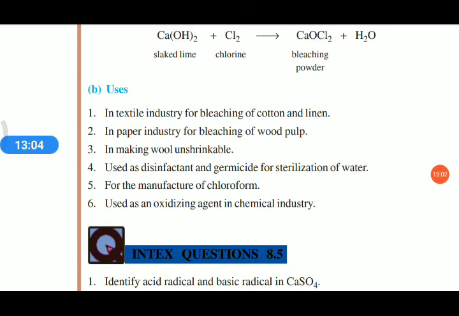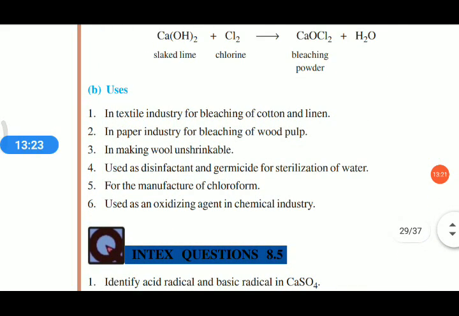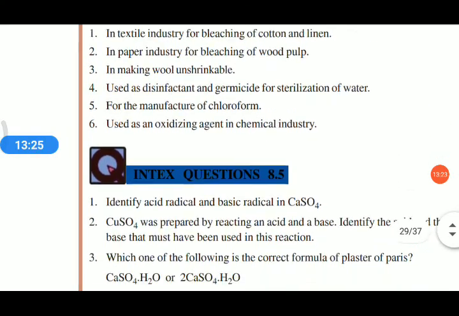In our wells, we use bleaching powder as a germicide for removing germs. For the manufacture of chloroform, and as an oxidizing agent in chemical industry. There are many uses for bleaching powder in our daily life.